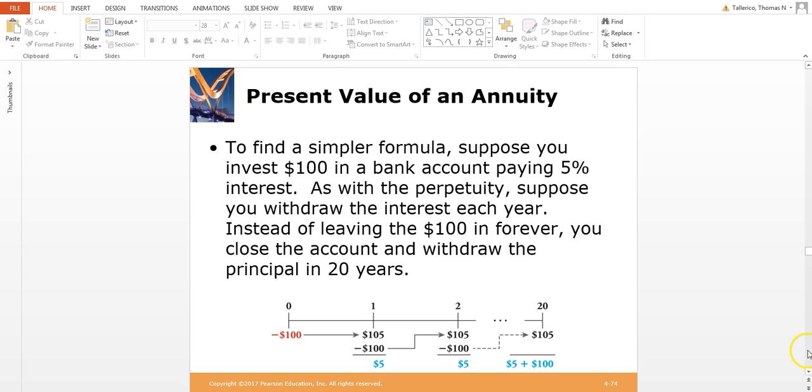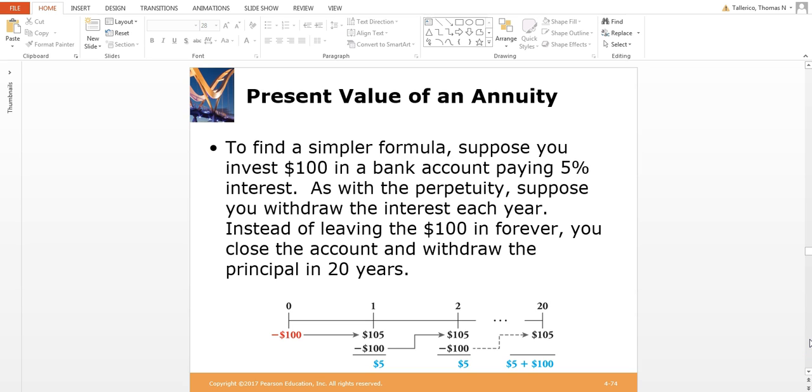You get lotto and you get a lump sum payout up front. All right, so there's an example here where you put $100. You have $100 in the bank and you get $5 in interest, and you take it out, and that's similar to an annuity, right? Your $5 payments, right? 5% of 100 is $5 every year for 20 years, and they show you a lot of different slides here.